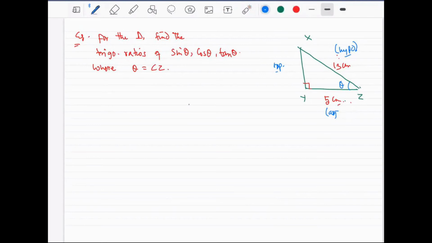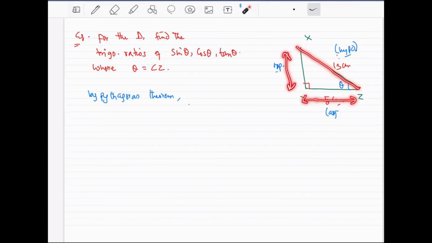This example is not from your textbook. There is a similar question in the textbook, but I'm doing a different one. What does the Pythagoras theorem say? Hypotenuse square is equal to the sum of adjacent side square and opposite side square. That is XZ square is equal to XY square plus YZ square. Which one do we want to find? XY, which is the opposite.